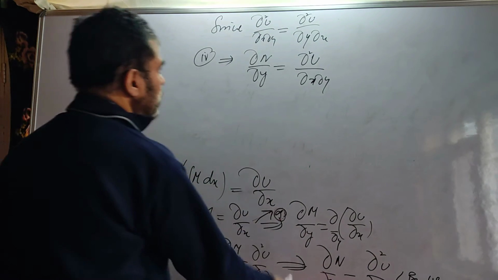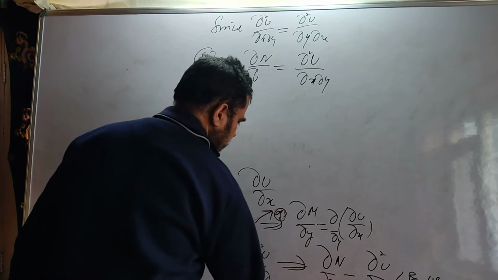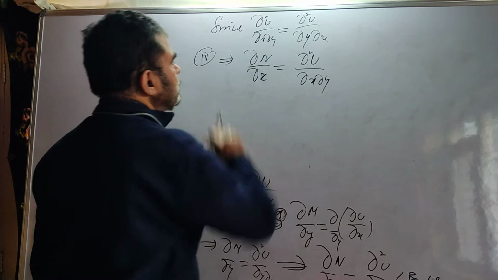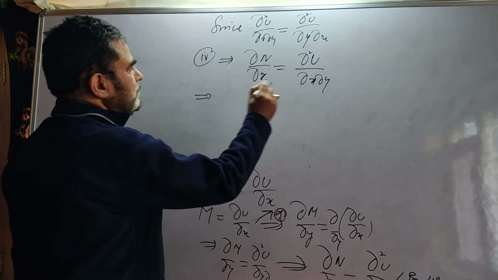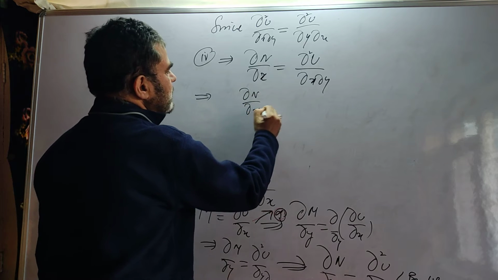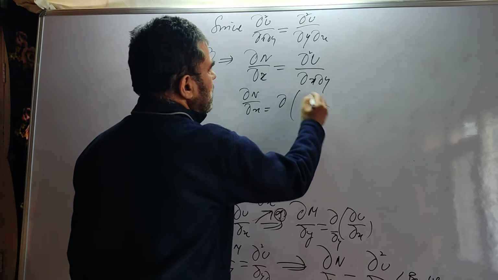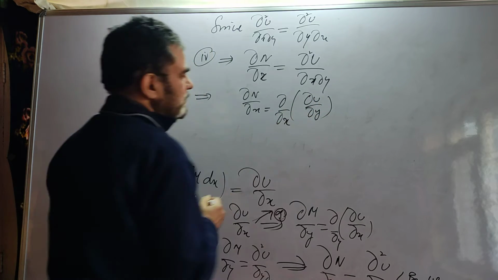We have got here dou N by dou x. Okay? We took this condition. This you can write as dou N by dou x is partial of dou u by dou y with respect to x. Okay?